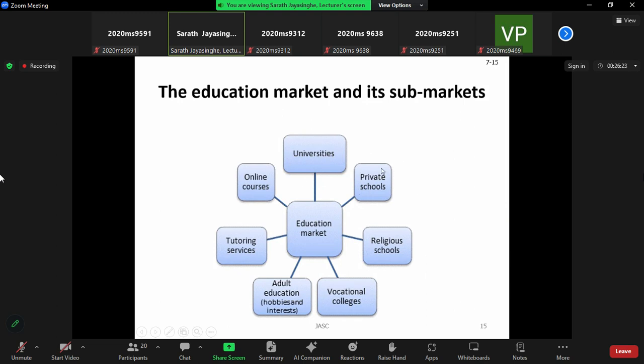Universities, private schools, religious schools, vocational colleges, adult education, tutoring services, online courses, there are many. These are sub-markets. The main market is the education market.